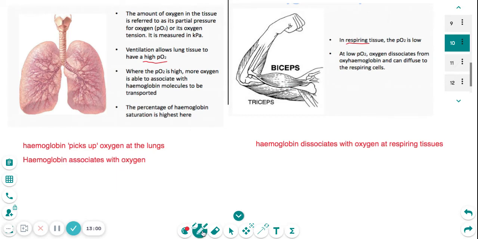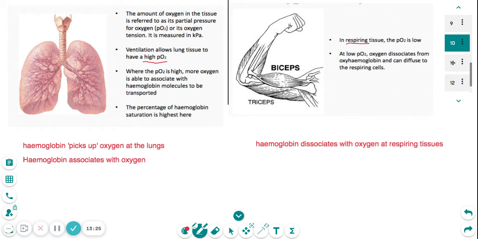When hemoglobin arrives to this region here, it's beneficial that hemoglobin dissociates from oxygen, because you don't want the oxygen to arrive to the biceps and to not unbind from the hemoglobin. It needs to be able to let go of it so that the oxygen can get to the biceps so it can be used for respiration.